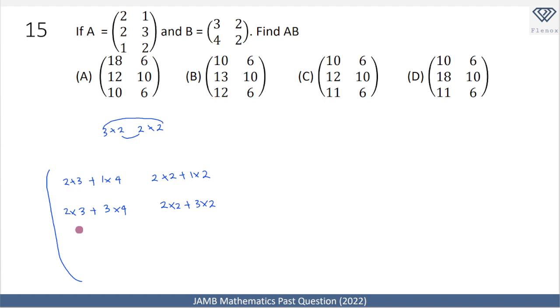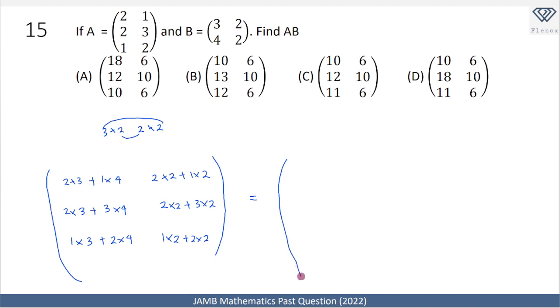So you have 1 times 3 plus 2 times 4, and the final one is going to be this 1 times this 2 plus this 2 times this 2, which will be 1 times 2 plus 2 times 2. And now we are done. So we're going to try to simplify this and see what that gives us.